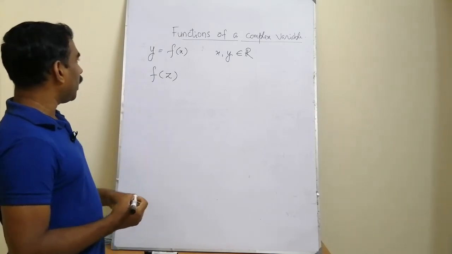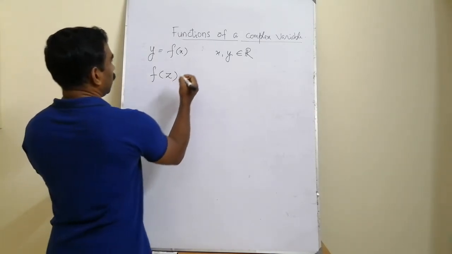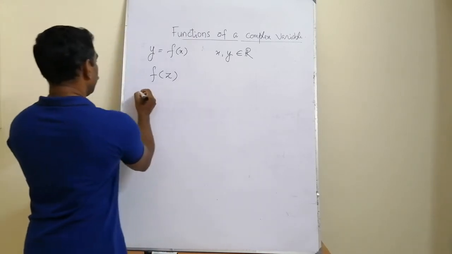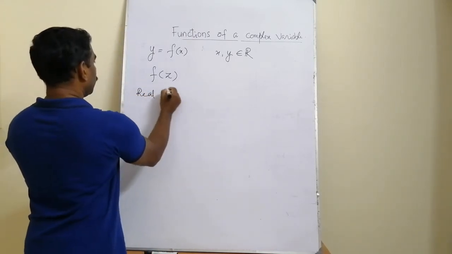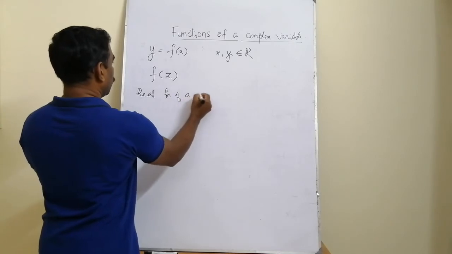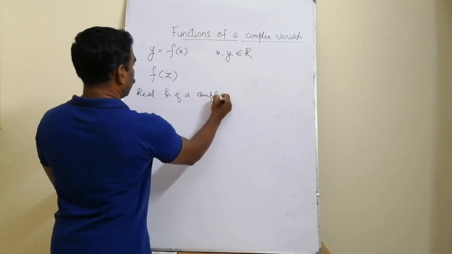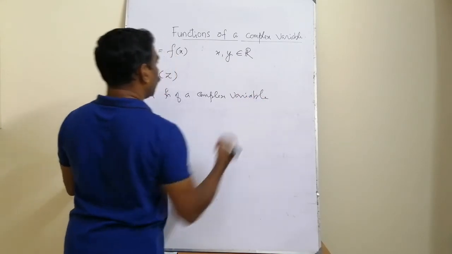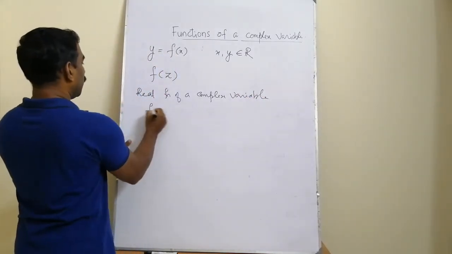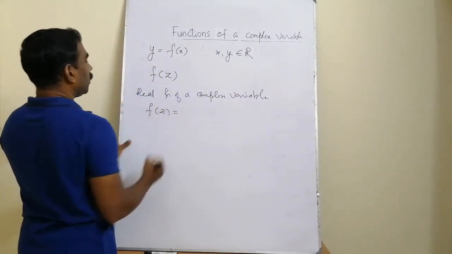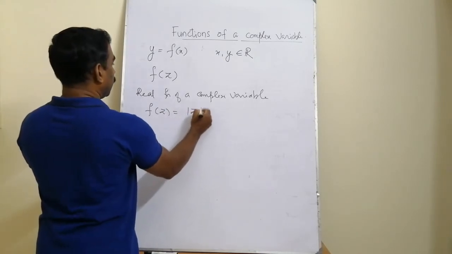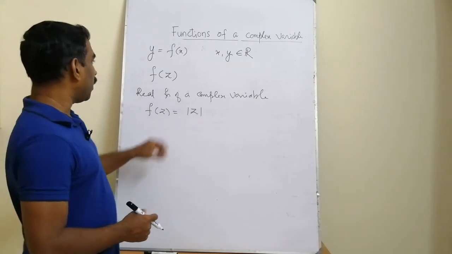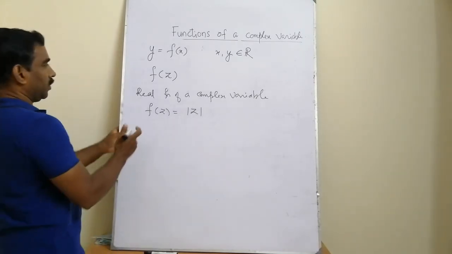That means here the input variable or the independent variable is a complex number. And depending on the output value, we can classify this as a real function of a complex variable. For example, if f is equal to mod z, then all outputs are real numbers. So it is an example of a real function of a complex variable.